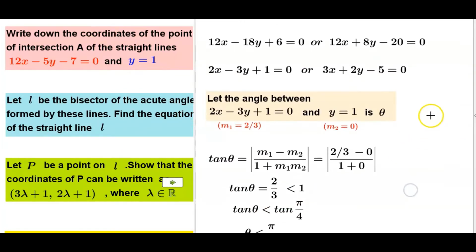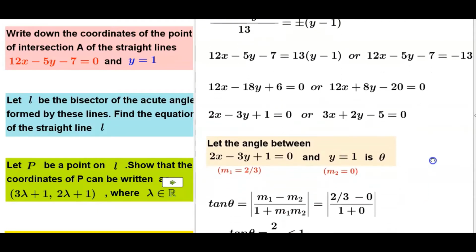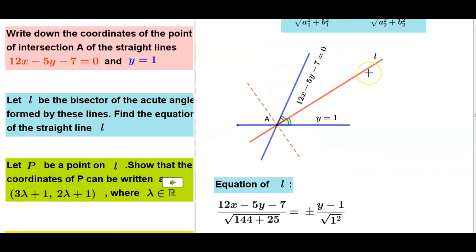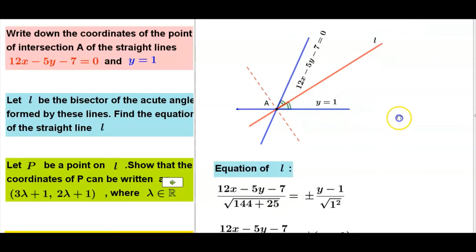Now when we consider 2x minus 3y plus 1 equal to 0, this is the acute angle, since the angle between these two lines is less than 45. Therefore our assumption is true.